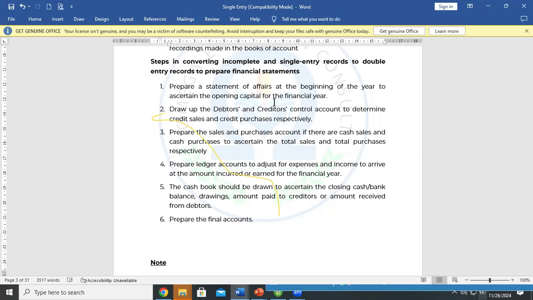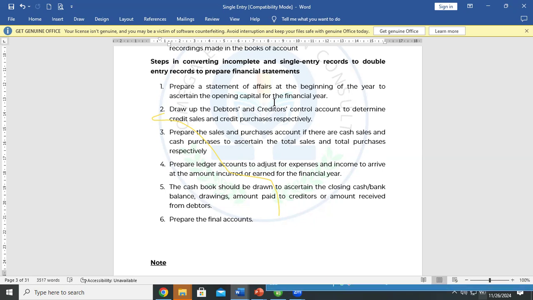Number 2: draw up the debtors and creditors control account to determine credit sales and credit purchases respectively. Thank you very much. Let's get that down.